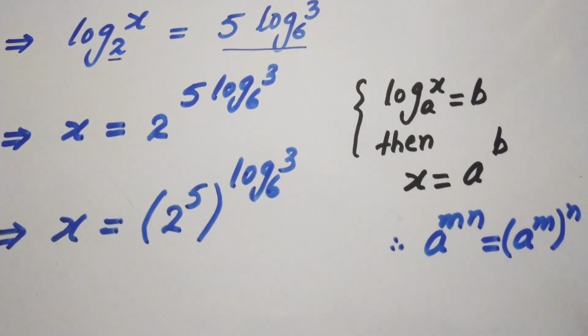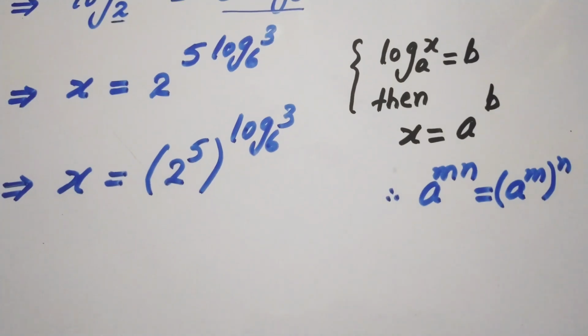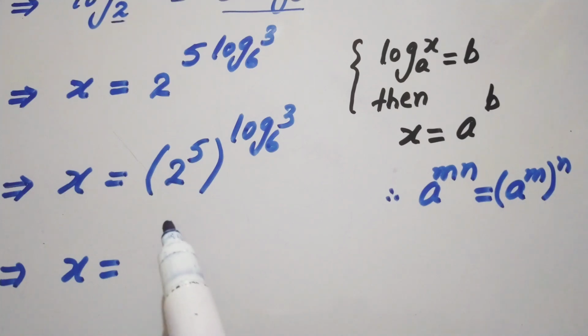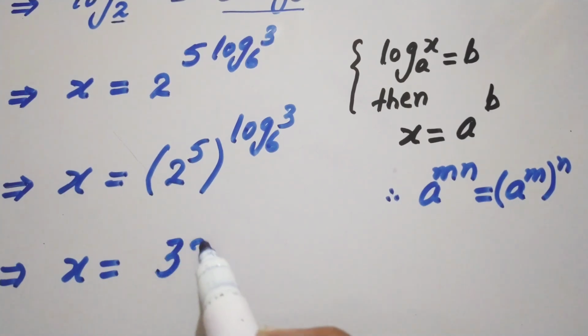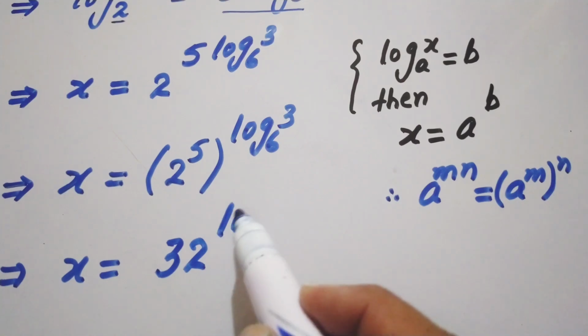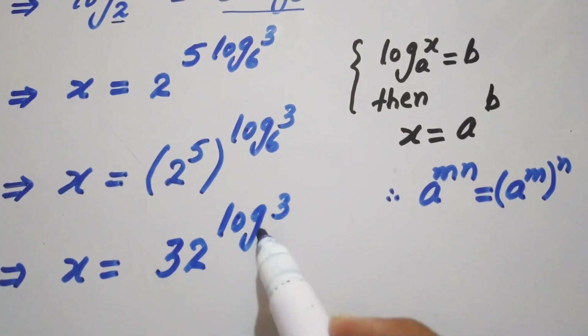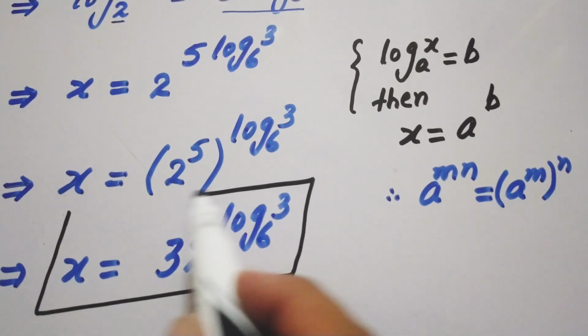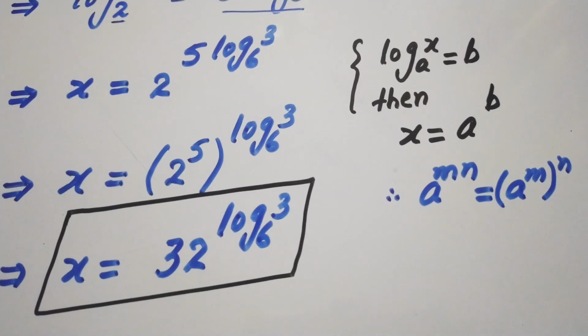These two powers will multiply each other. So finally we get x is equal to 2 power 5, meaning multiplying 2 five times, we get 32. 32 power log 3 to the base 6. This is the value of x. We have found this using different logarithmic properties.